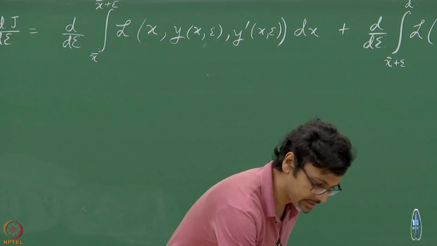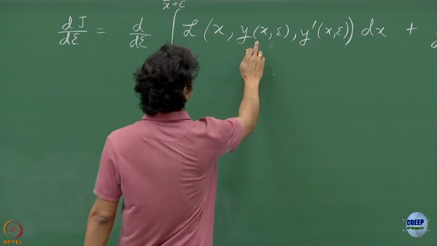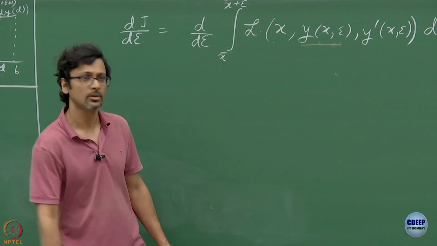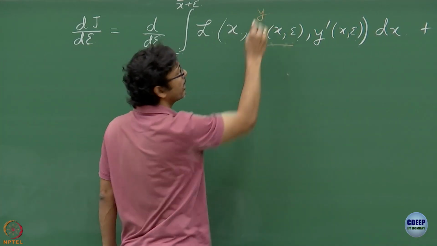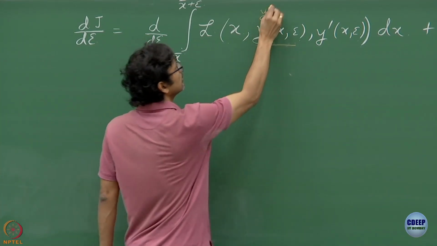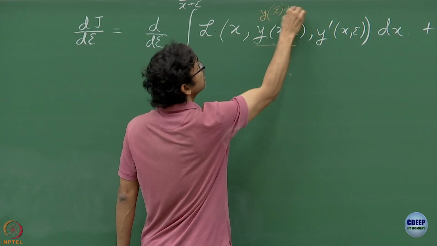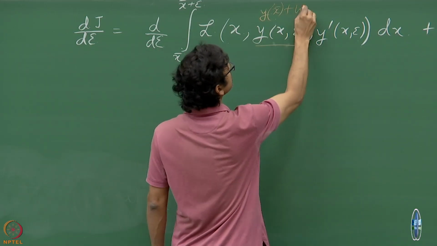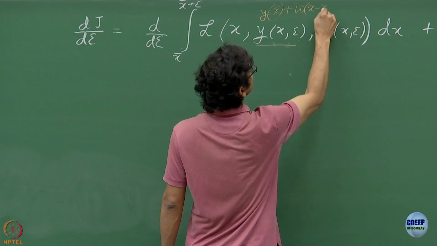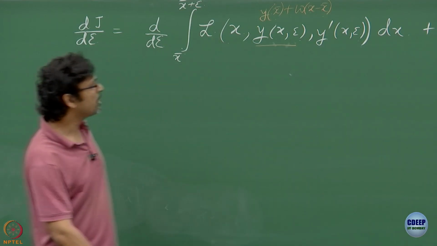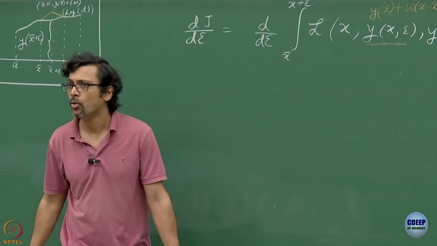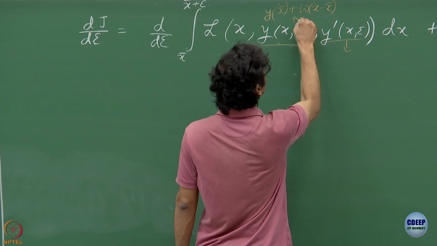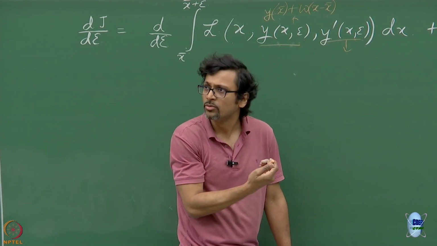As we pointed out yesterday, you see in this portion, what does this turn out to be? Y at x bar plus w times x minus x bar, right? Is there any dependency on epsilon? No, none whatsoever. This term gets replaced with w, right?